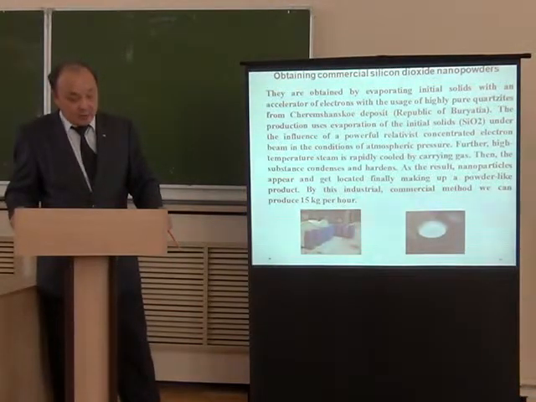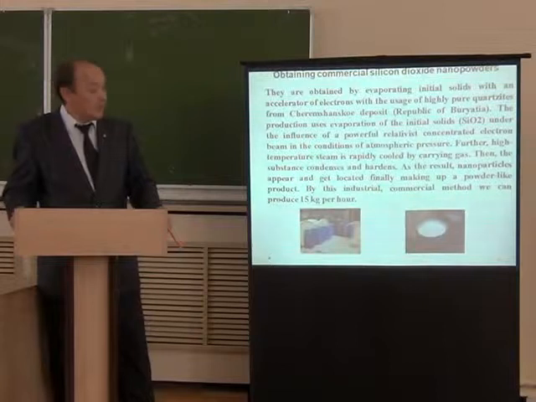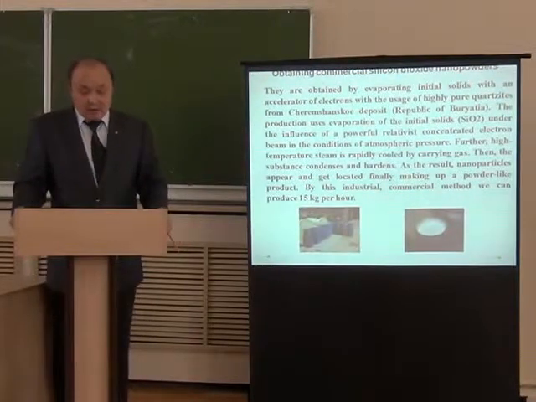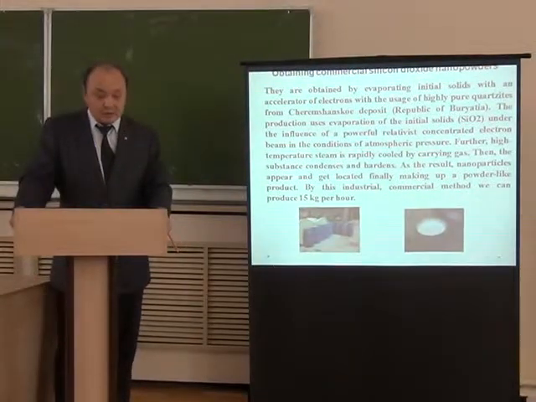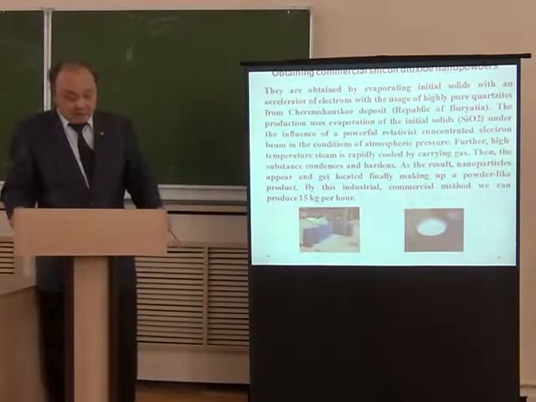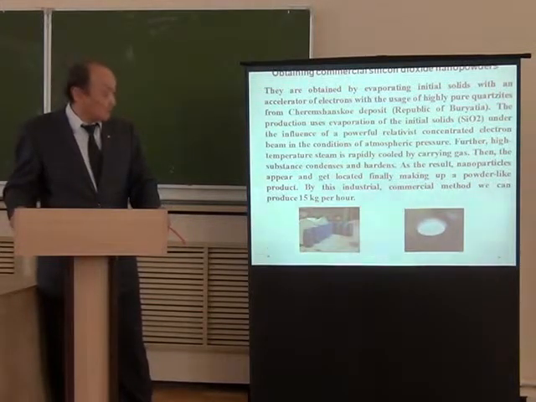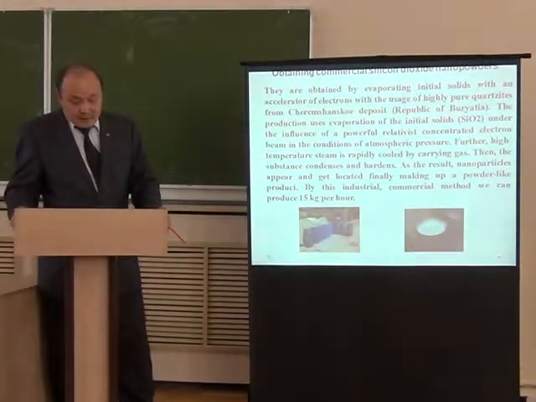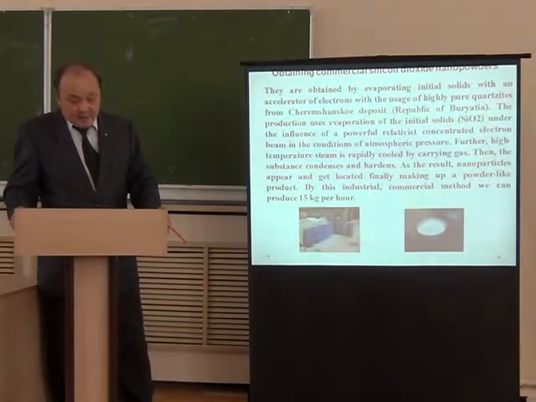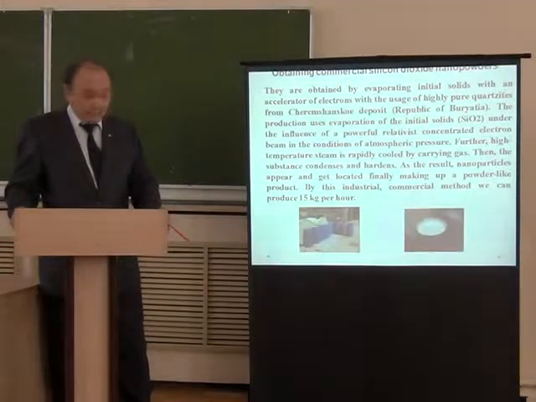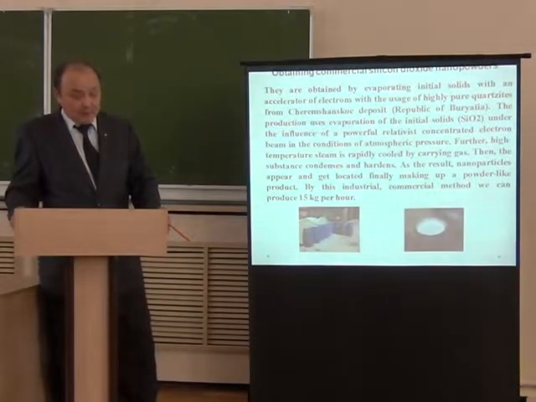Further, the high-temperature steam is rapidly cooled by carrier gas. Then the substance condenses and hardens. As a result, nanoparticles appear and settle, finally making up a powder-like product. By this industrial commercial method, we can produce 15 per hour.